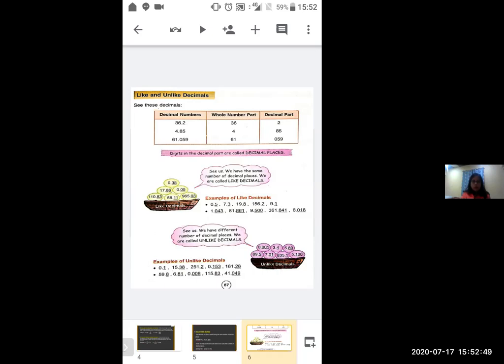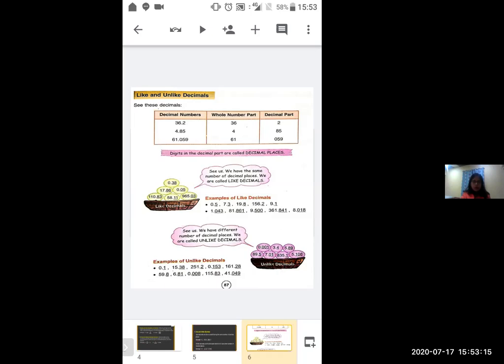So a like decimal has the same number of decimal places, and unlike decimals have a different number of decimal places. Examples of unlike decimals are given here: 0.1, 15.38, 251.2.